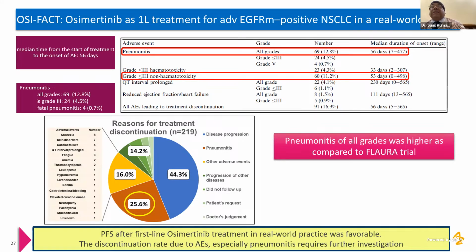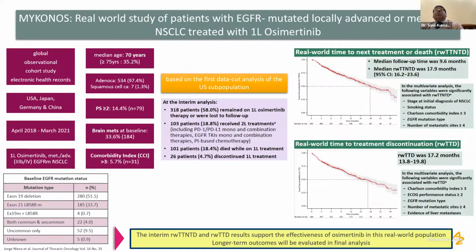Next slide, please. So this is the myCONUS trial, and this trial was conducted in 5 countries: United States, Japan, Germany, and China. It is a global observational cohort study using electronic health records. Basically, median age is 70 years.